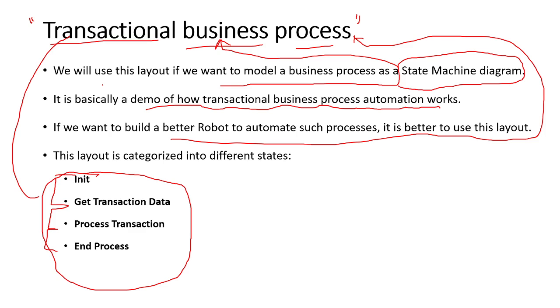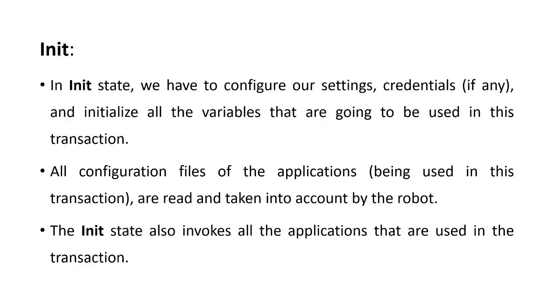Whenever you create a Java object, there is a cycle. First memory will be allocated, then a constructor will be called, and what is the job of the constructor? To initialize. Once it has been initialized, it is ready for further processing. Similarly here, when you choose the transactional business process layout, this is the set of states that you will get. Now we shall see them one by one, and it is straightforward.